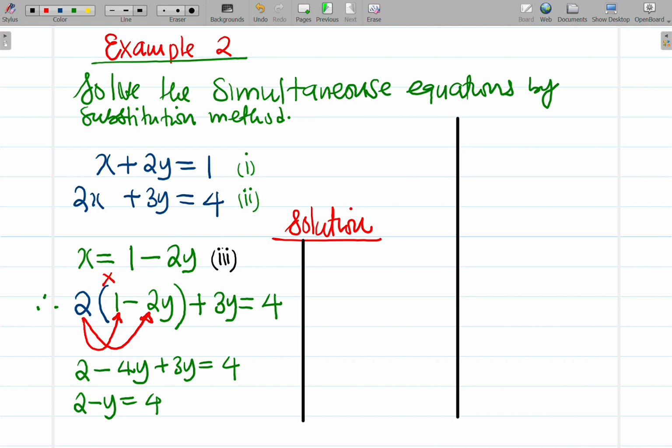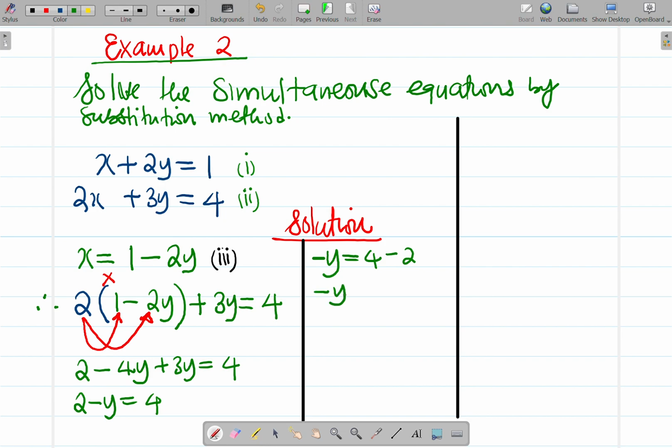Now from there we can make y the subject. Negative y is equal to 4 minus 2 there.